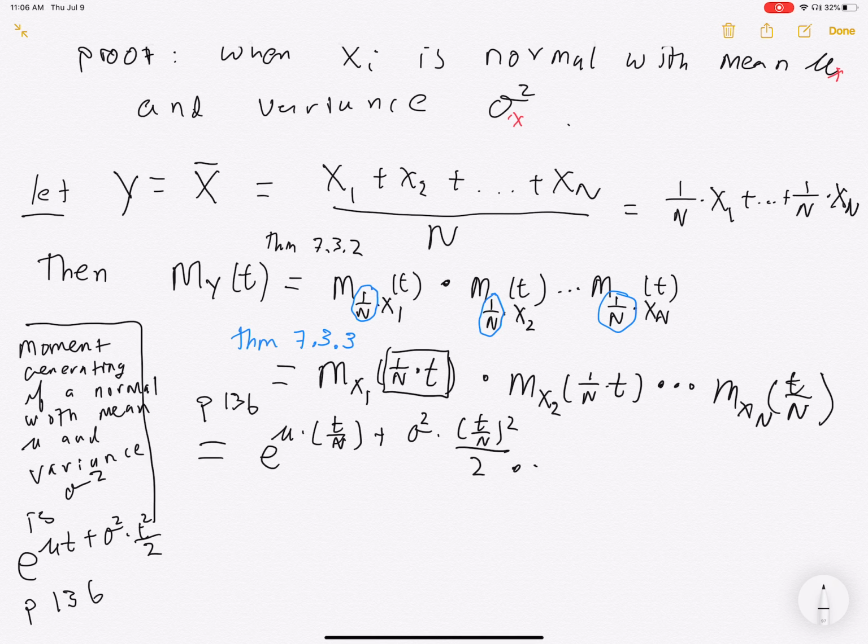Now I'm going to repeat that for x2 because it's exactly the same distribution. Okay, and that's what I get when I simplify it. Then this is going to be repeated until I get to the last term.